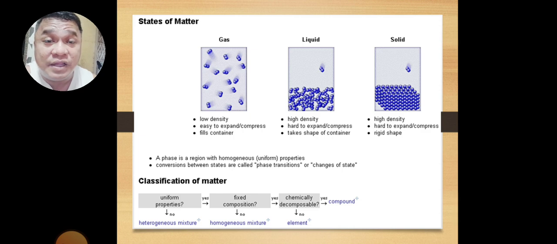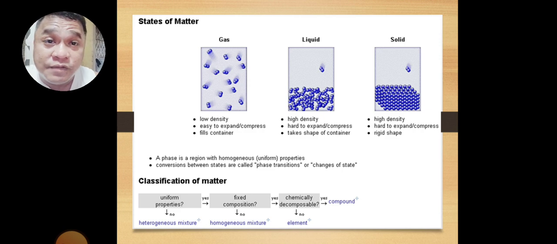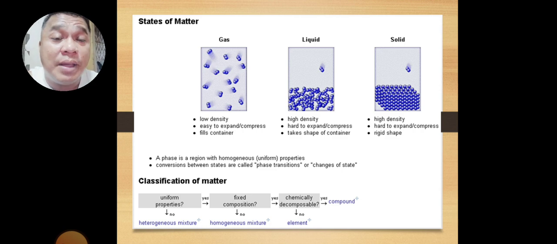There are two different phases, such as solid and liquid, or liquid and gas inside it. For fixed composition, homogeneous means that once you dissolve sodium chloride into water, only one phase can be observed in the final product.